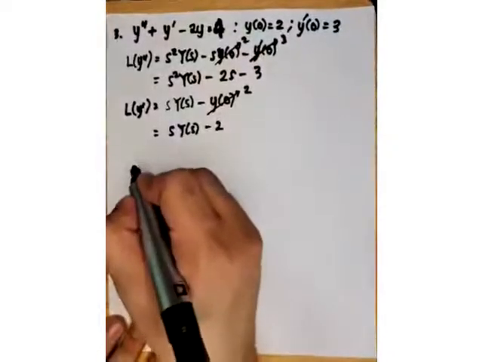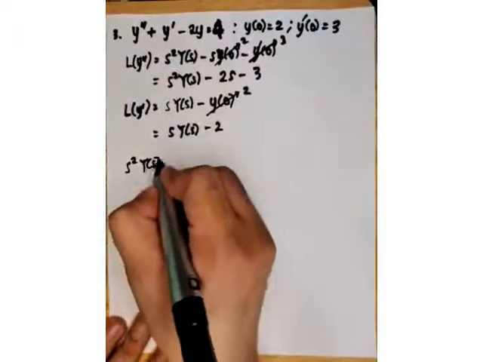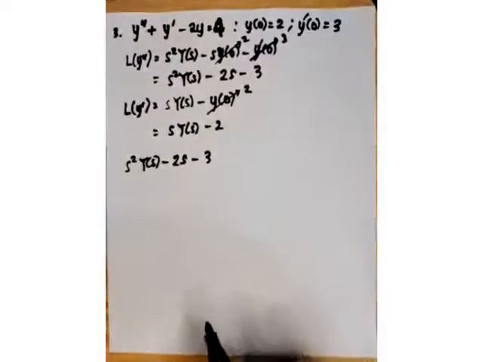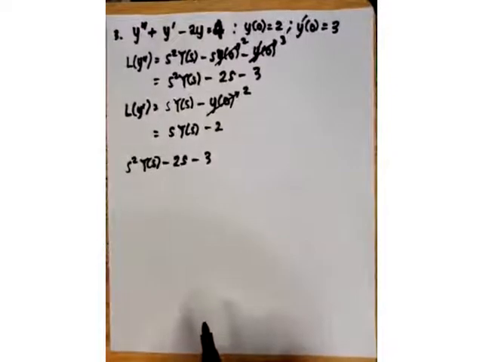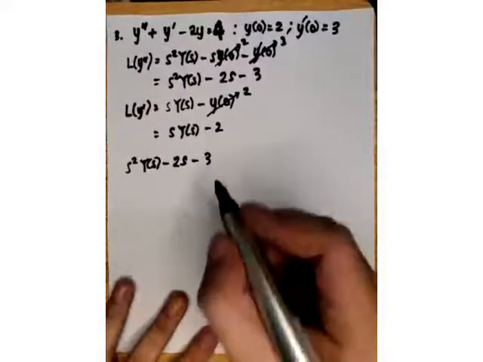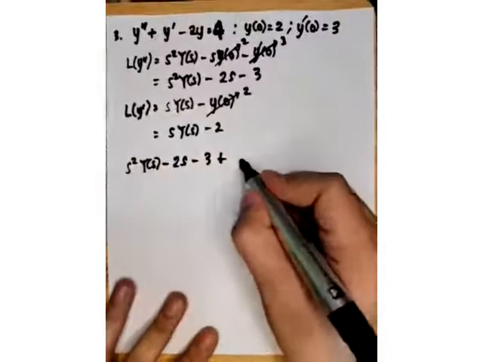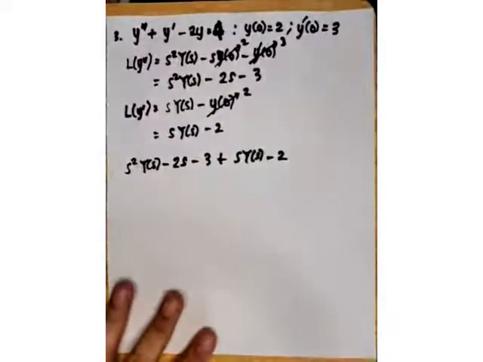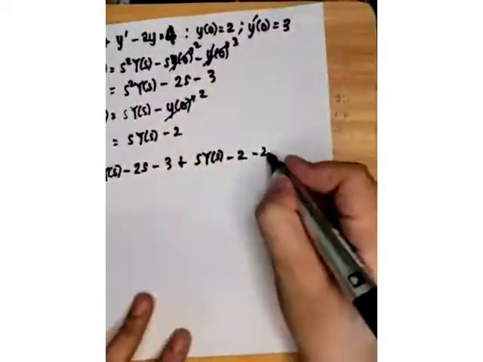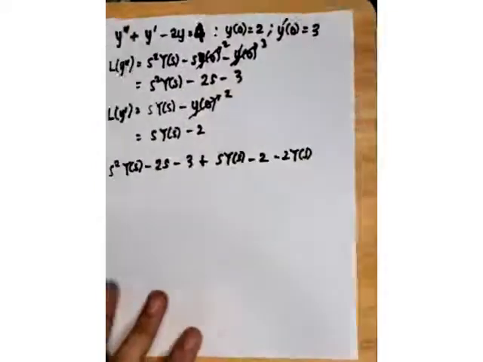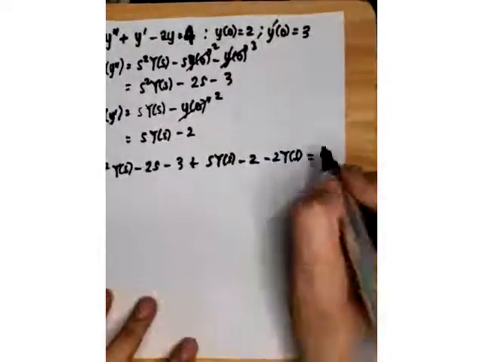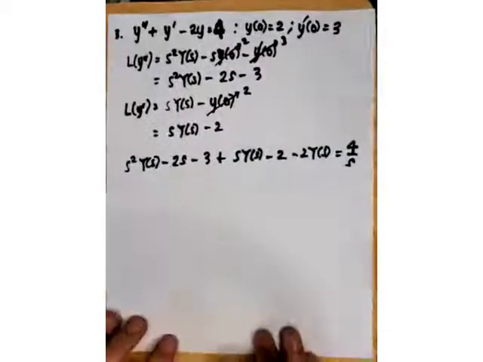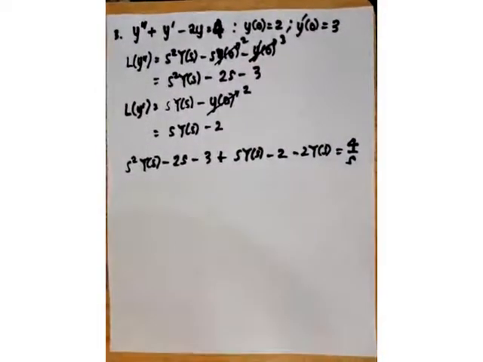So we'll have s squared y of s minus 2s minus 3, plus yung y prime natin, that's s y of s minus 2, and then minus 2 of y of s. Okay, and what's the Laplace transform of 4? So that's 4 over s. So that's the Laplace transform of a constant.